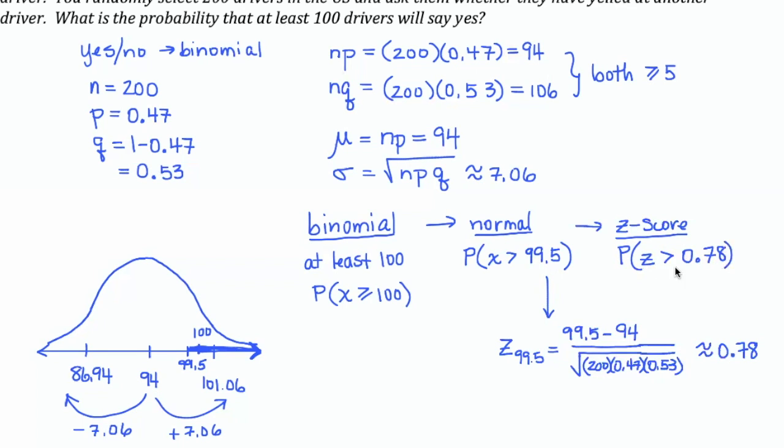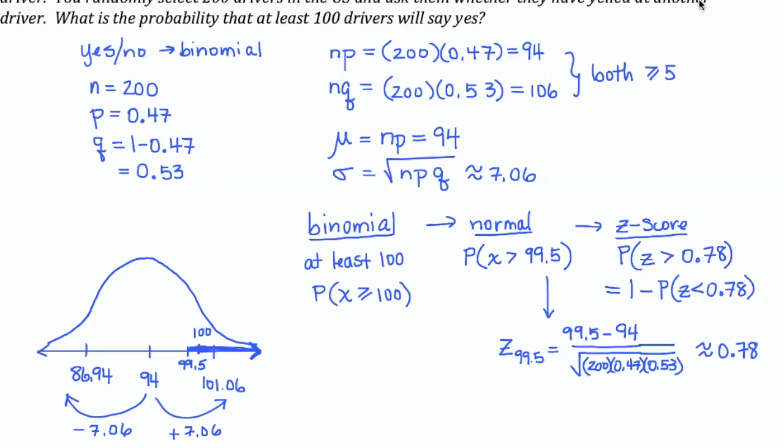However, you have to be careful right here. Remember, your standard normal table is set up to give probabilities for z-scores less than a certain number, not greater than. So we'll have to rewrite this probability as 1 minus the probability that z is less than 0.78.